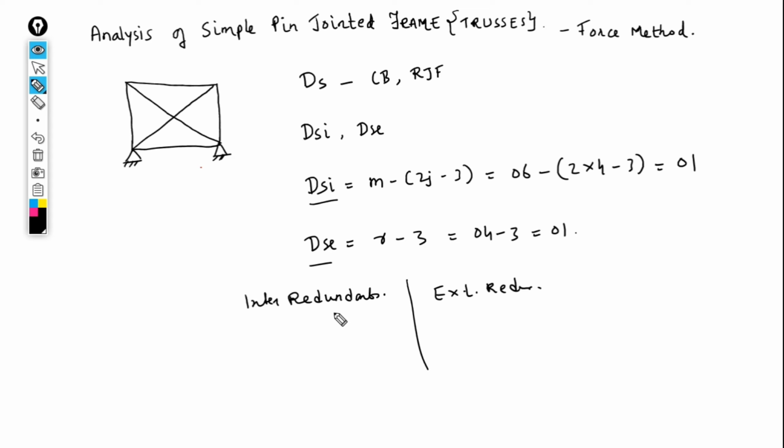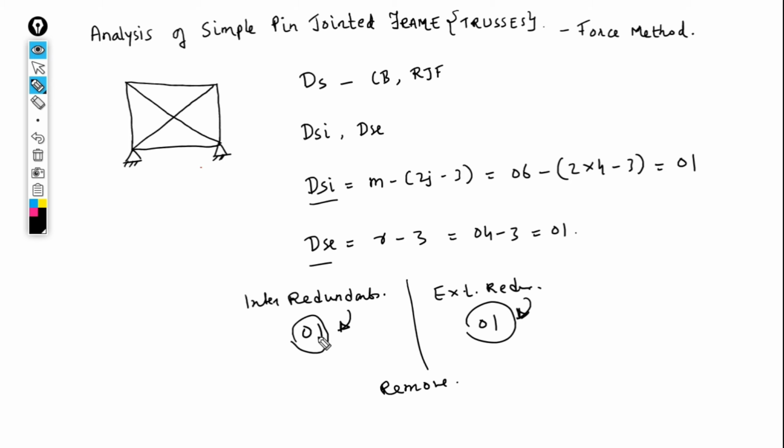The number of internal redundants is equal to the value of DSI, here it is 1, and the number of external redundants is equal to the value of DSE. So you have 1 internal redundant and 1 external redundant. First you have to identify these redundants and remove them in order to solve it by the force method of analysis.